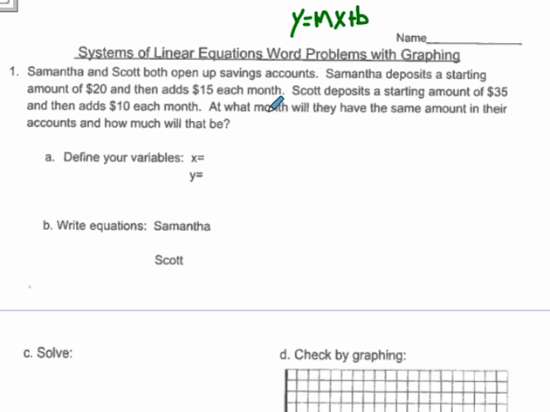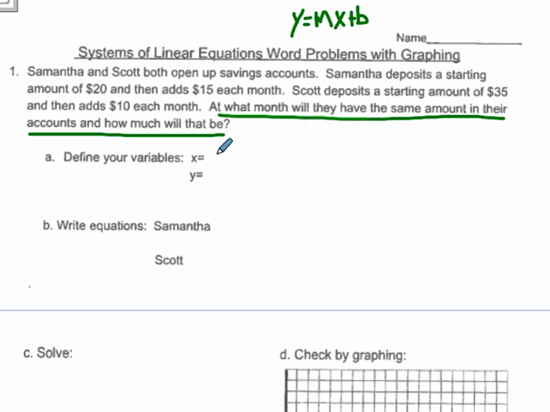So let's go back to define our variables. Just like we did before, we're going to look to our question to find out what the variables are. So this says, at what month will they have the same amount in their accounts, and how much will that be?